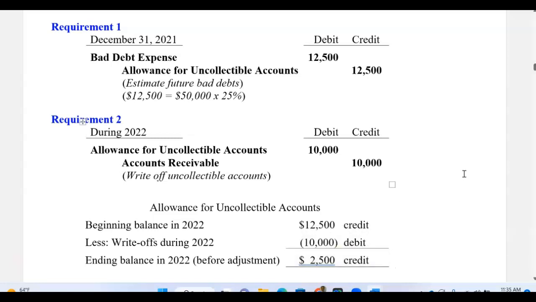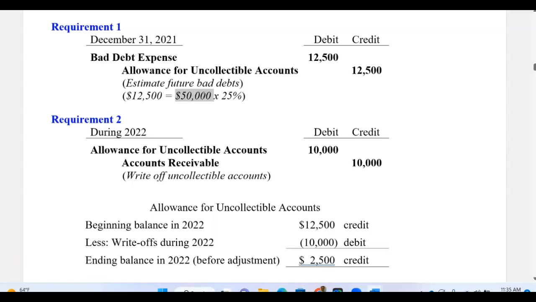But if you use percentage of net credit sales, it is different than percentage of accounts receivable. Percentage of net credit sales is a much larger amount. For example, here your accounts receivable was how much? Just $50,000, right?